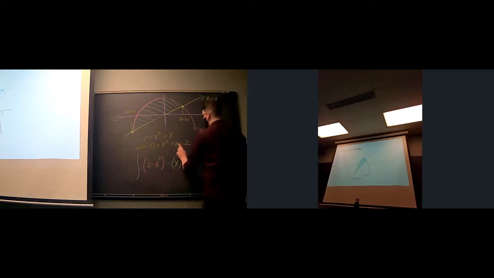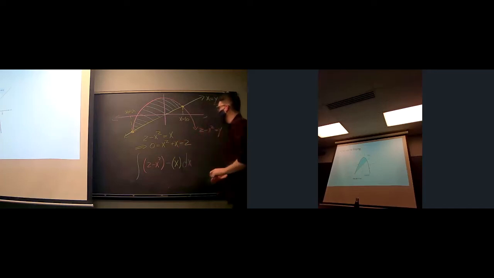Looks like we need the quadratic formula, doesn't it? My mistake, I meant to write minus 2. I apologize about that. It almost looks like we're going to need the quadratic formula, except for the fact that this can factor out. When we factor this out, we get x minus 1 times the quantity x plus 2.